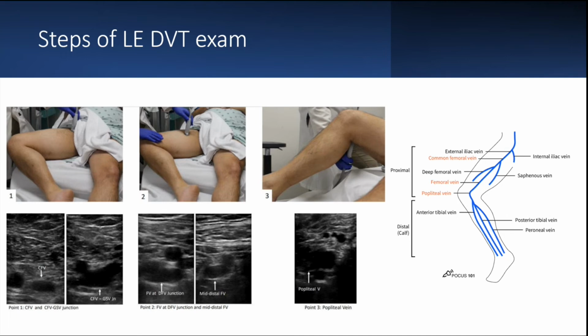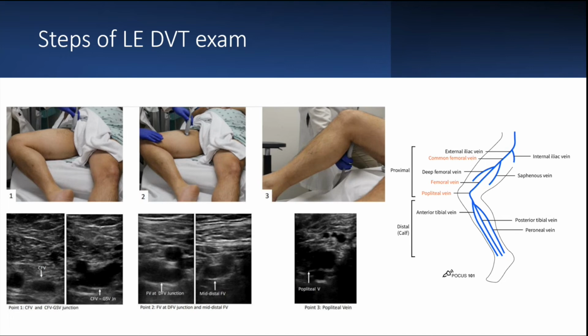Here we can see the vein, and the artery lateral to the common femoral vein. After we find the common femoral vein, we apply firm pressure with the ultrasound probe until the artery compresses slightly. In a normal scan, the vein should compress entirely.